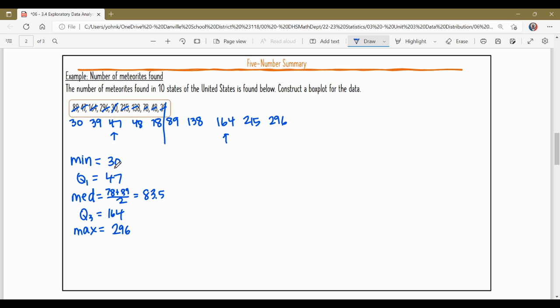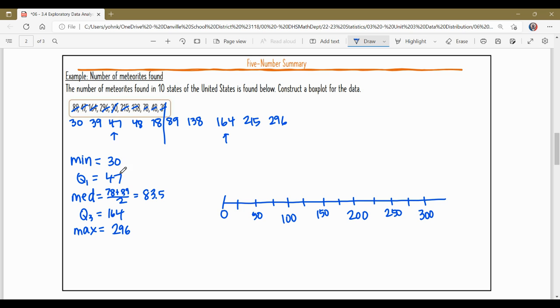Now that I have my five number summary, I can draw. My minimum is 30 and my max is 296, so I'm going to go from 0 to 300. I'll put 0 here, 100, 200, 300, and then put in the 50s: 50, 150, 250.